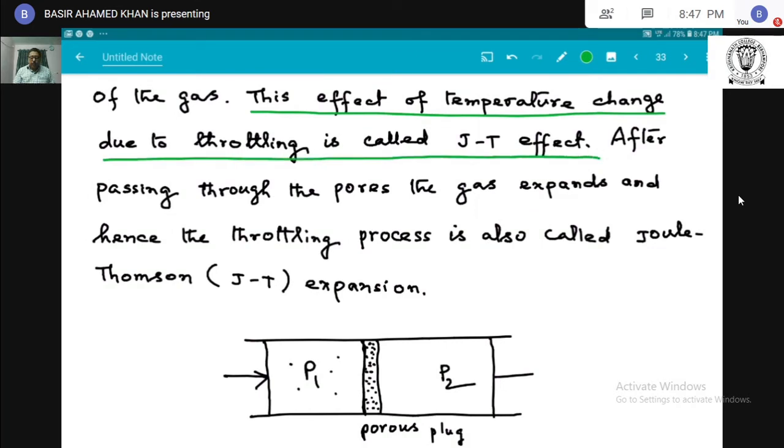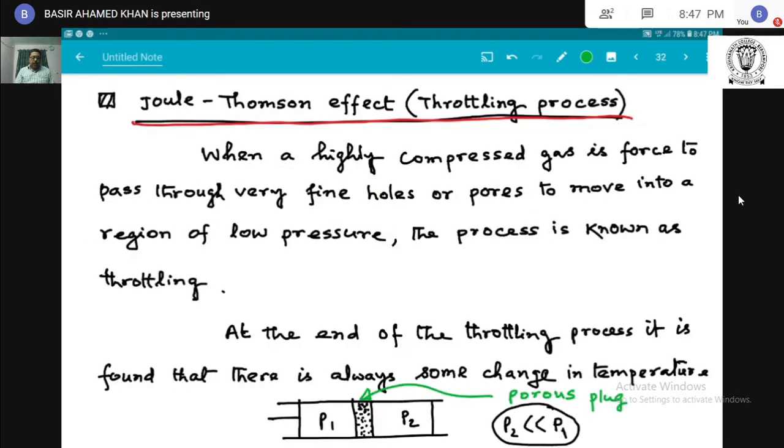Now what is throttling? Throttling is when a highly compressed gas is forced to pass through very fine holes or pores to move into a region of low pressure.